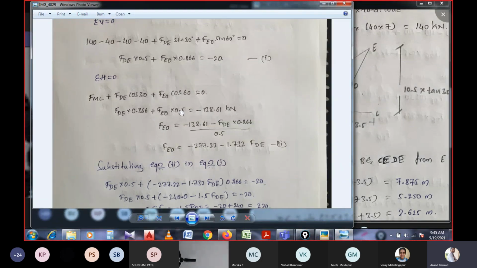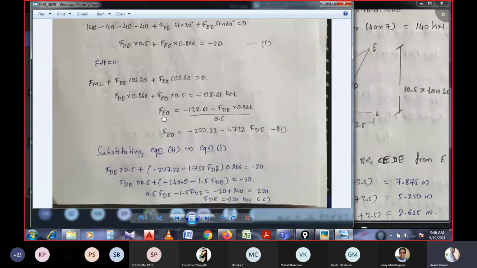By taking FEO on one side, minus 138.61, and FDE 0.866 is considered on this side. So if you consider it on this side, it will be minus 138.61 divided by 0.5. If you divide each term, it will be minus 277.22, and 0.866 divided by 0.5 gives 1.732 as the coefficient value for FDE. So if you substitute this FEO in equation 1, you can calculate the value of FDE.